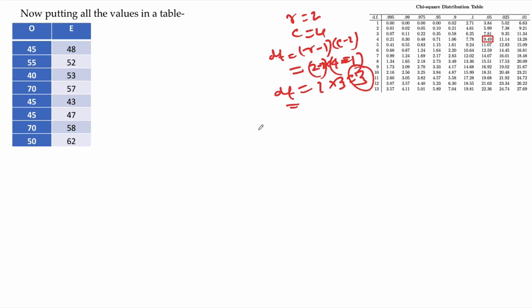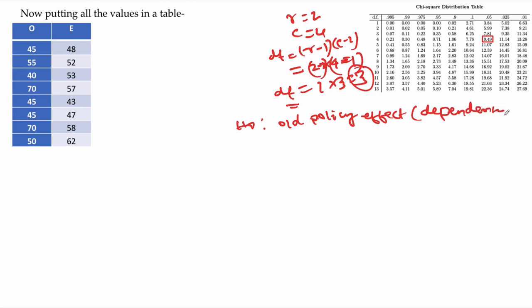Now what will be the hypothesis? So I am making this hypothesis that the null hypothesis is: old policy effect, in short, I'm trying to understand the dependency, correct?